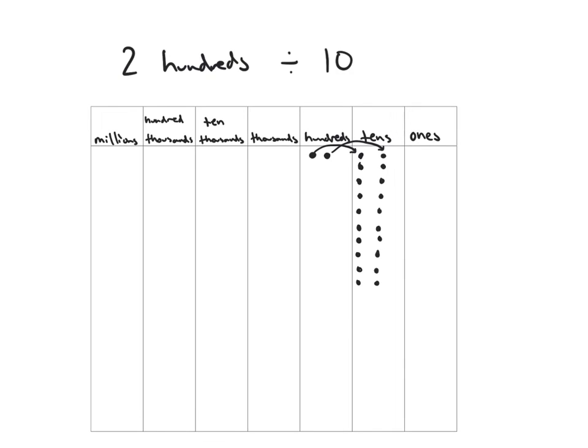Now after I've unpacked, I can do my division now. I'm going to try to make 10 equal groups out of these discs. 7 groups, 8 groups, 9 groups, 10 groups. And we see that we are able to have two discs inside each group. So our answer from 200 divided by 10 is 2 tens, which equals 20.